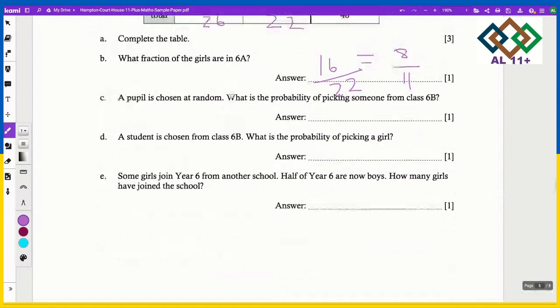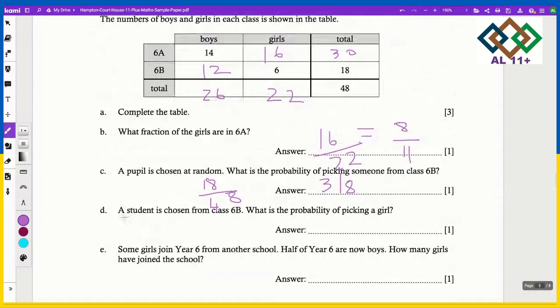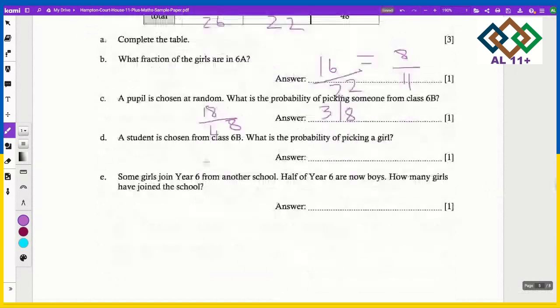So it's 18 by 48. Again, try to simplify that a little more, and then you'll get your answer as 3/8. Next one is a student is chosen from class 6B. What's the probability of picking a girl? That's 6 over 18. And again, I'll simplify that as 1/3.